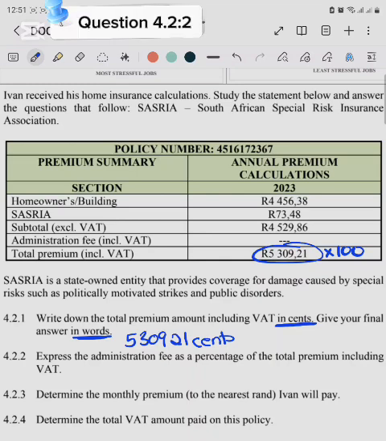Right. Then 4.2.2 asks us to express the administration fee as a percentage of the total premium, including VAT. So the first thing we needed to do is find out what was the administration fee, including VAT. Now, realistically, if you think about this, to find out this total amount here, they would have said your subtotal plus your admin fee will give you your VAT, your total.